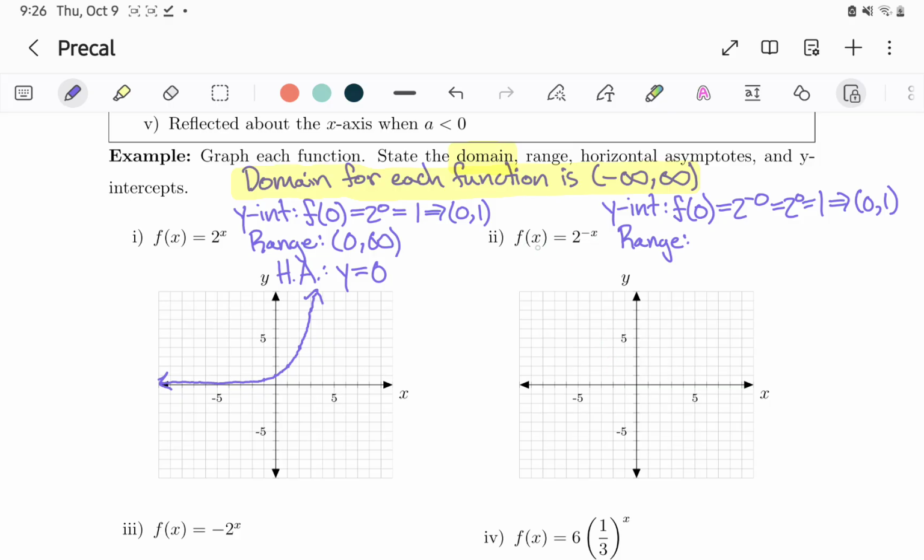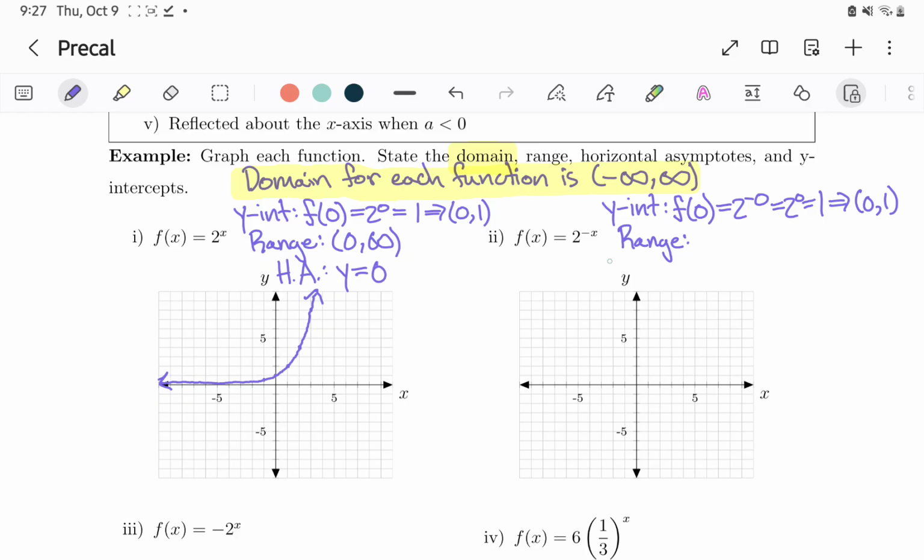And then f of minus 3 is going to equal 2 to the minus 3, in other words, 2 cubed. So f of minus 3 is equal to 8. And as we look at smaller and smaller x values and input them into our function f here in example 2, we are going to get larger and larger values for the output. So the range is still going to have infinity as the right endpoint.